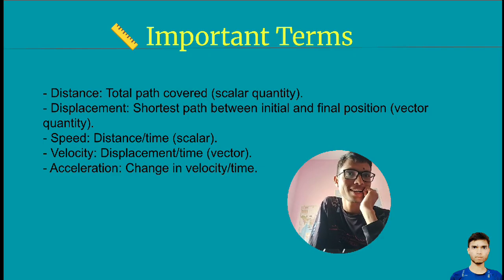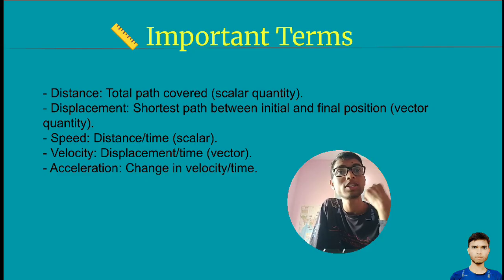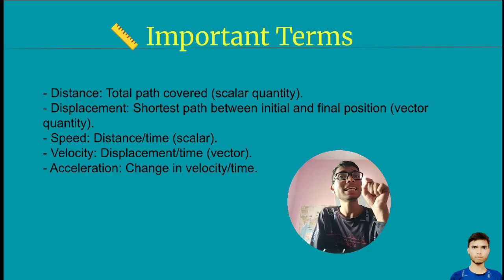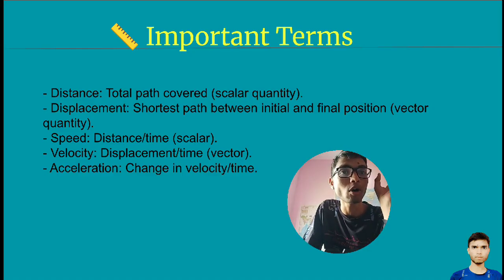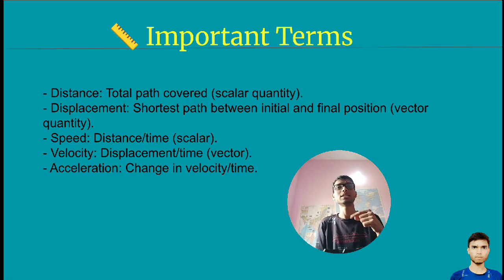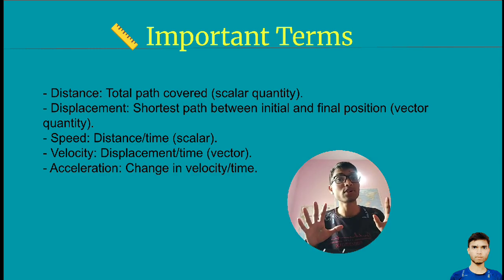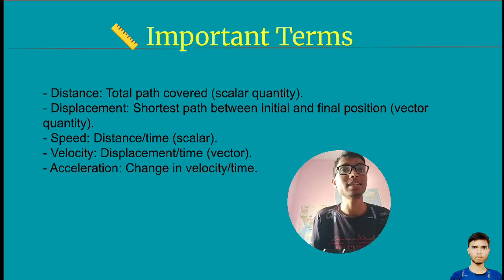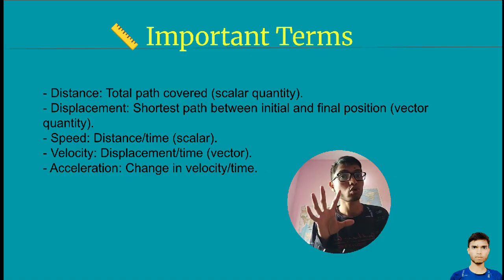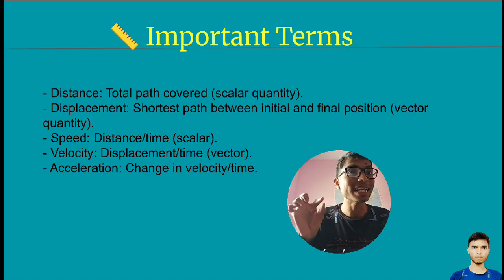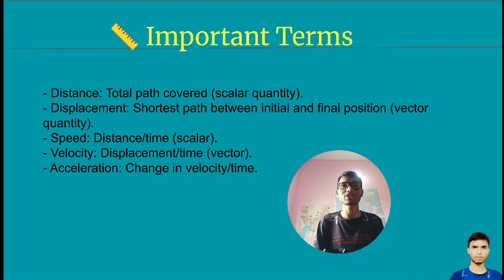Next, velocity is also like speed. But in the definition of speed, I told you it has only magnitude. In the case of velocity, you will observe it has magnitude with a direction, and that's why it is considered a vector quantity.